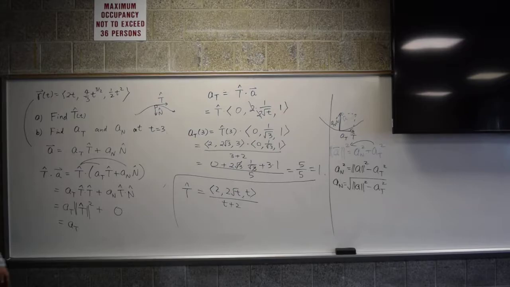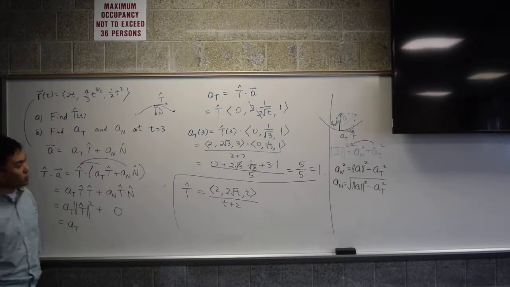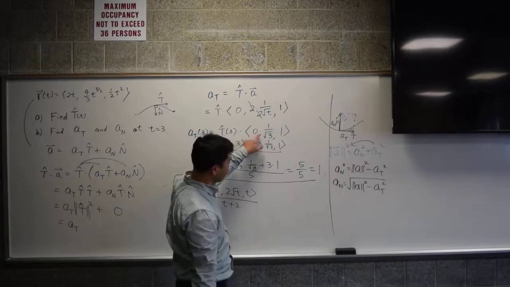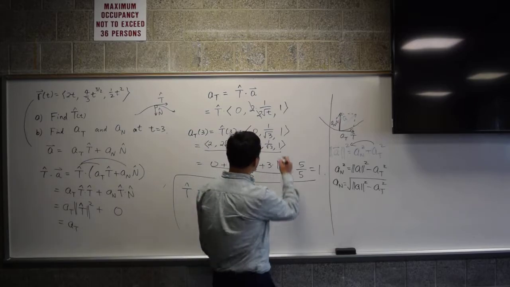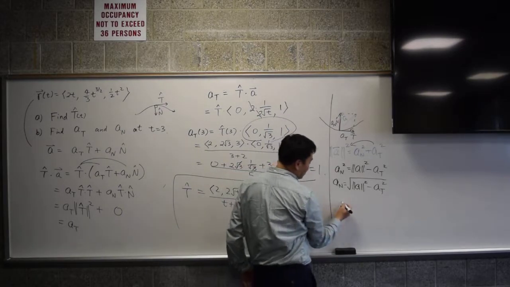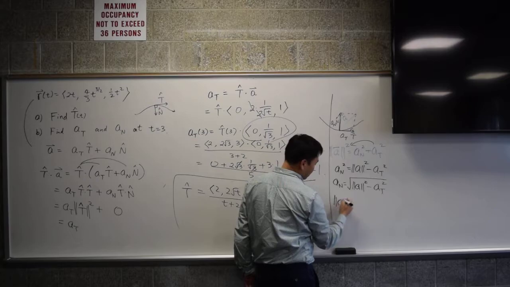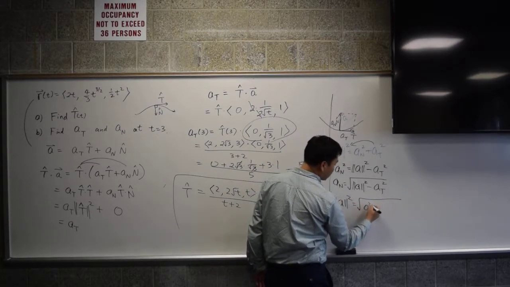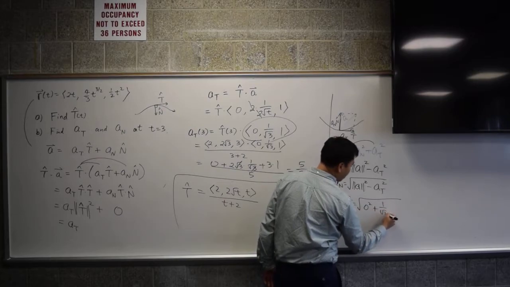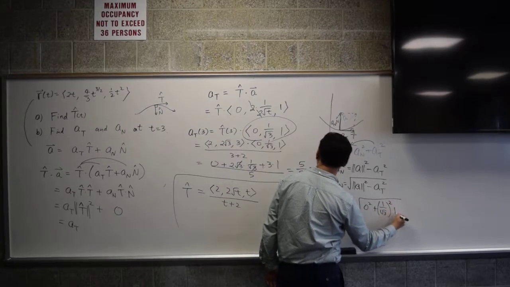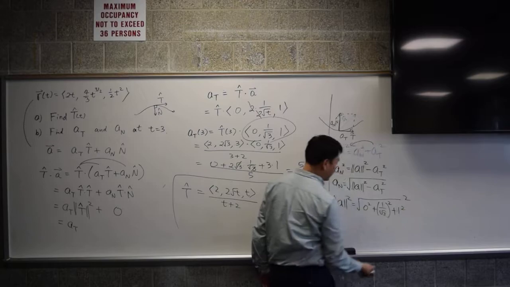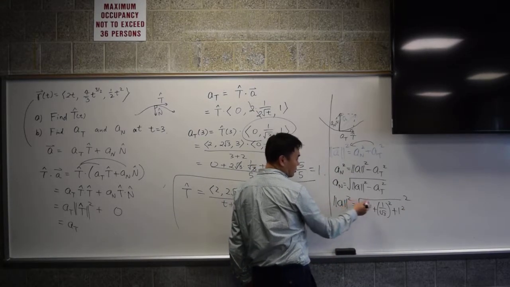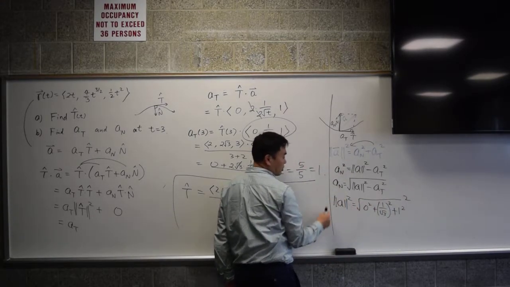And because we already know at, all we need to do is to take the norm of this thing. So let's take the norm of this. So let's compute the norm of a squared. What's that? That's the square root of 0 squared plus 1 over square root of 3 squared plus 1 squared, squared, right? And this square comes from this squared.